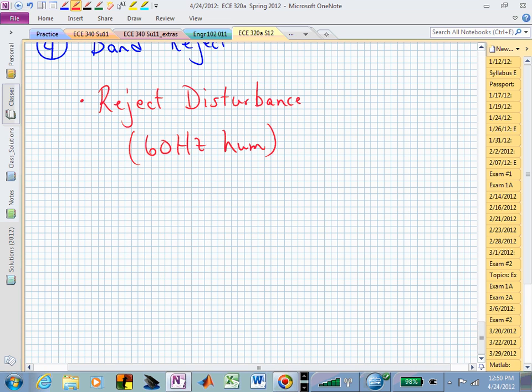So what does this look like in terms of a frequency response? Now we have something like this. We're trying to reject or get rid of intermediate frequencies, where you can determine what that is. Maybe it's 60 hertz, and you want to retain low and high frequencies.